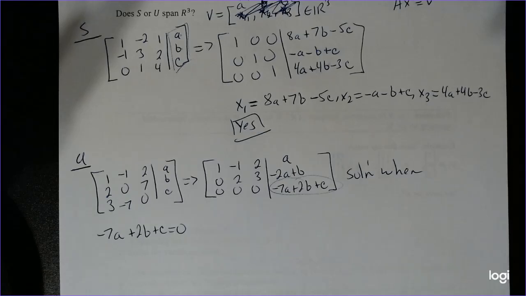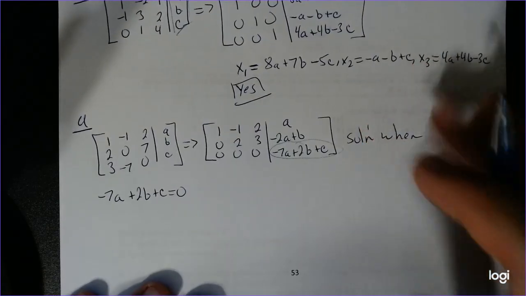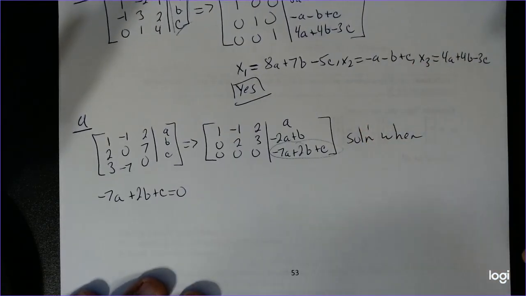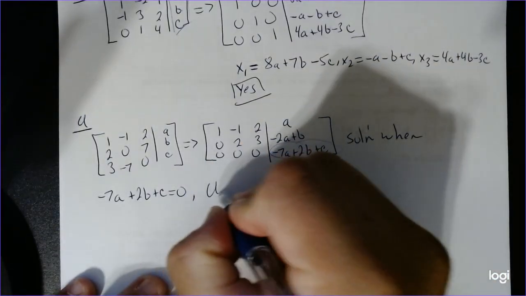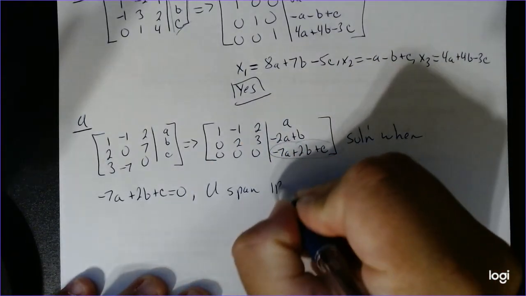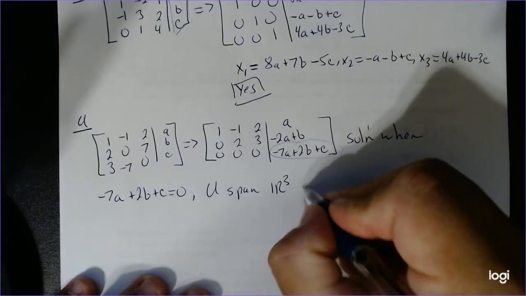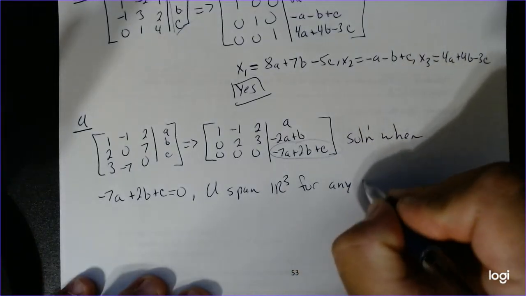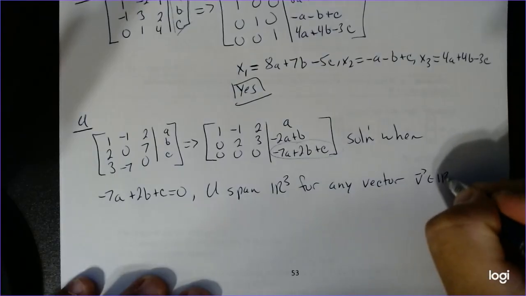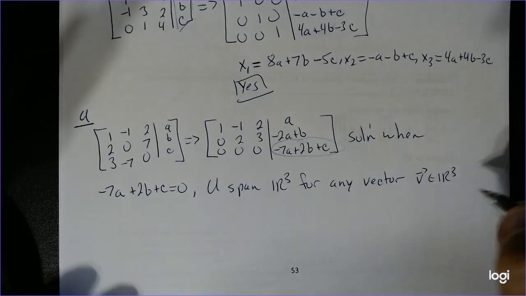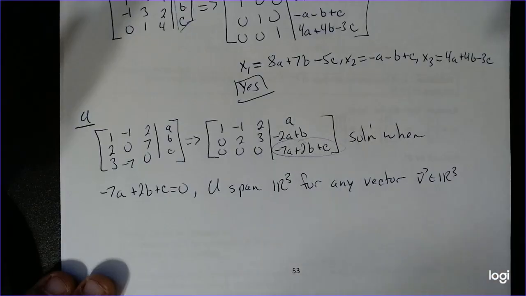Okay, so what we can say is that U does actually span R3 for any vector V in R3, as long as it's expressed in this situation.